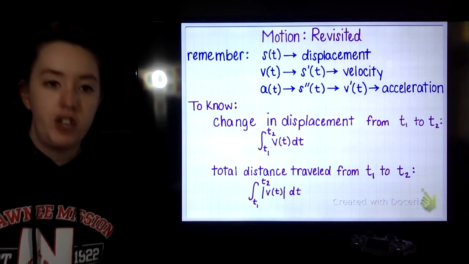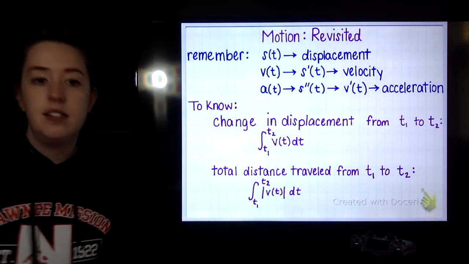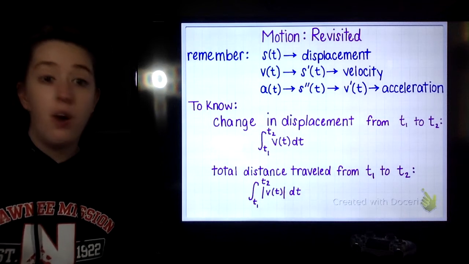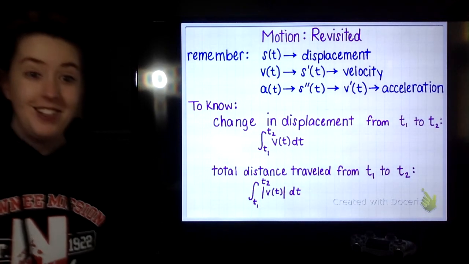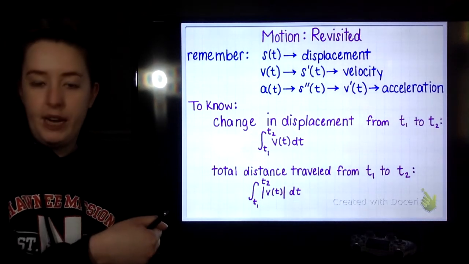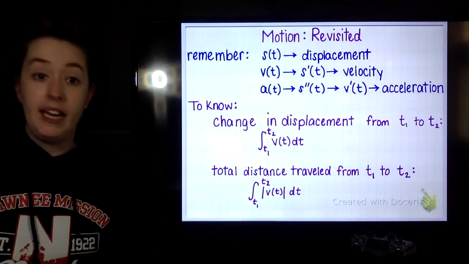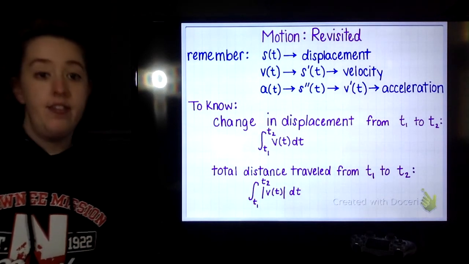The first is change in displacement. So remember, displacement is whatever distance you are from some sort of origin. So you might start off at 3 and end up at -2. And so your change in displacement is -5.